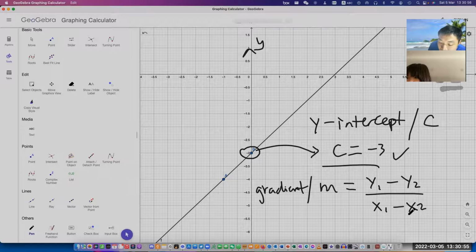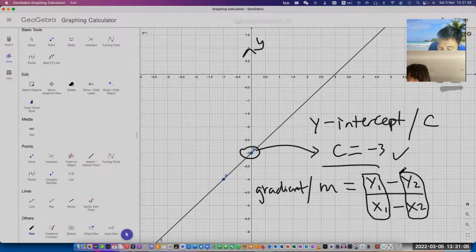So what do I mean by that? Basically you just take the first pair of y value and x value minus the second pair of y value and x value. How do you do that? I have 2 points already, right? So this point A, let me label it, the x is -1, the y is -4.